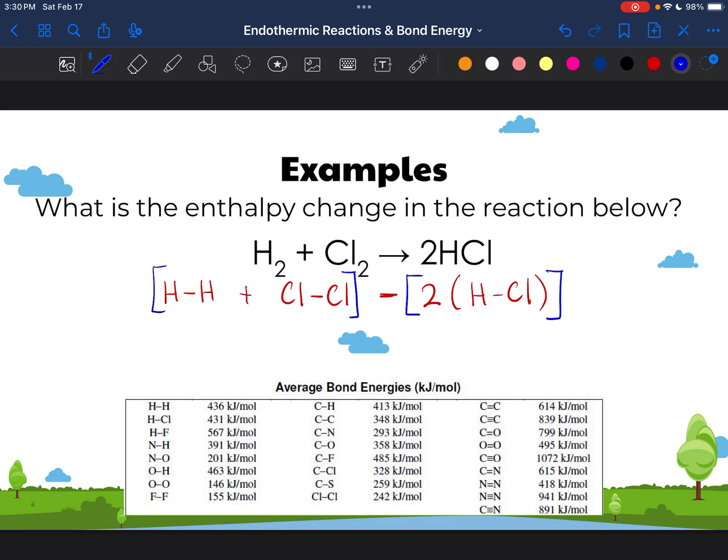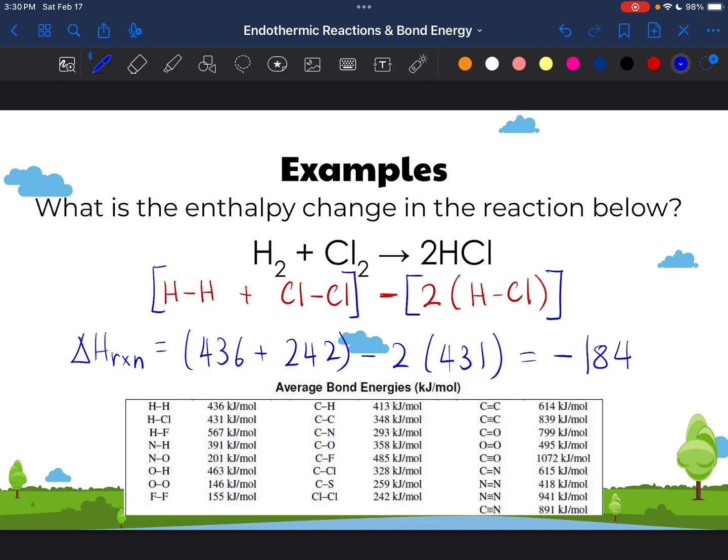And all I'm going to do is plug in the values. It's totally fine if you don't write this delta H reactant; that's all up to you. But just make sure that you plug in the numbers right and get the correct answer. And there you have it.